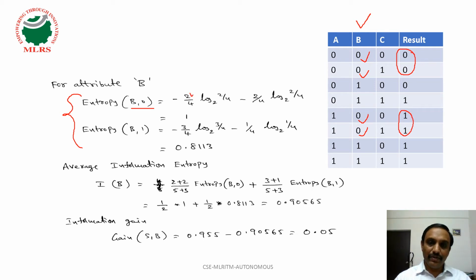So total positive divided by total examples, 4 only. So 2 positive divided by 4, log 1 by 2 base 2, minus negative examples 2, 2 by 4 log 2 by 4 base 2. By calculating, you will get 1 as the value. Now the entropy of B with value 1. For attribute B, how many places is 1 present? The value 1 is present in 4 places.